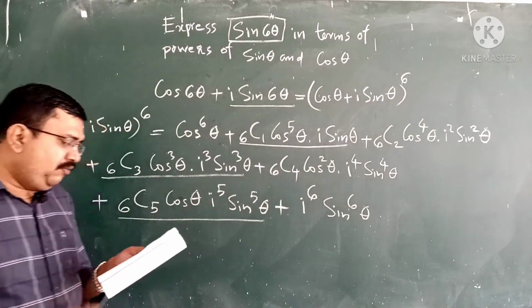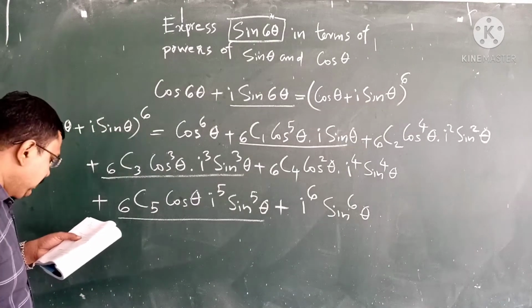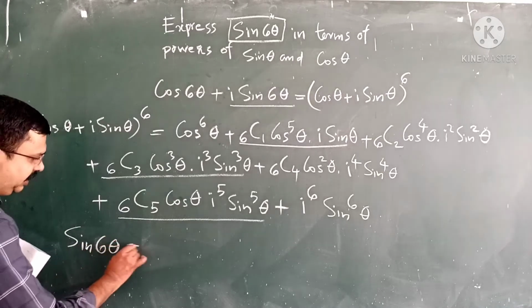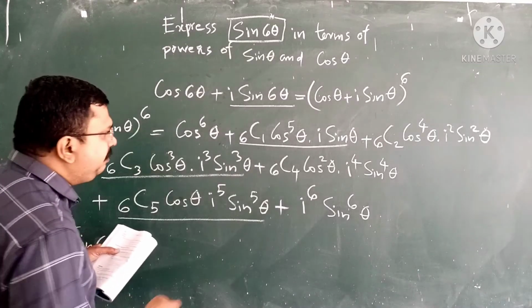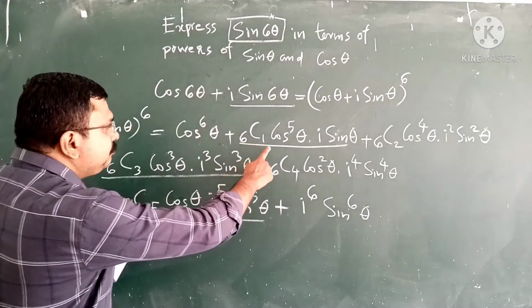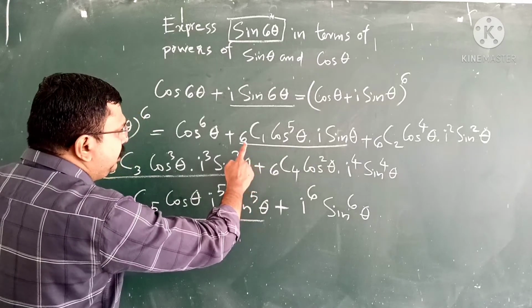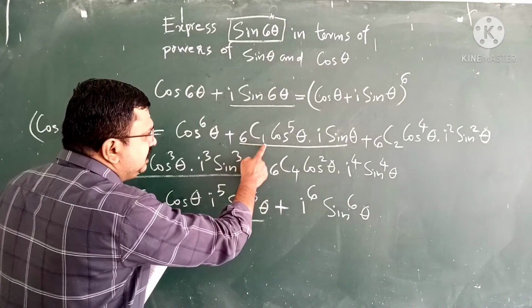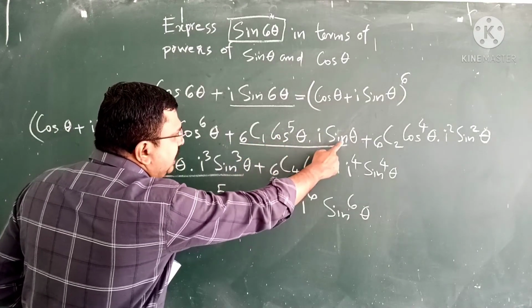Now we have to write down what sin 6 theta is. Equating the imaginary part, we get 6C1 cos raised to 5 theta into i sin theta.